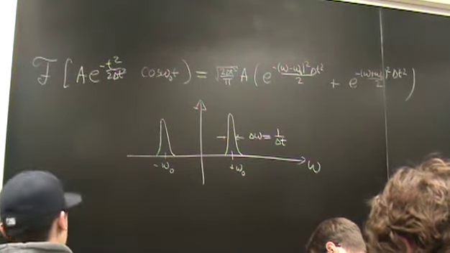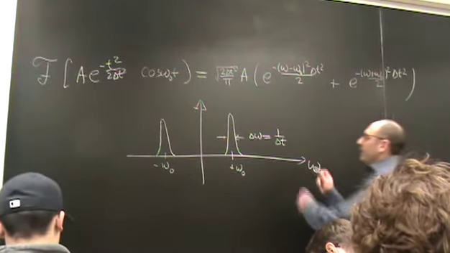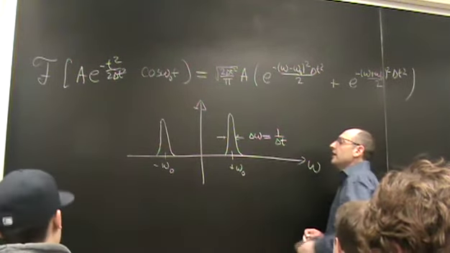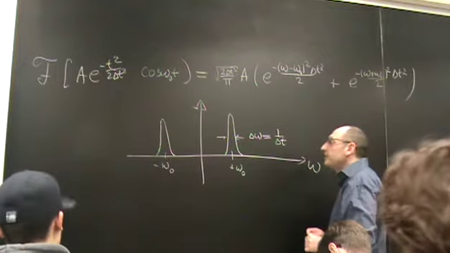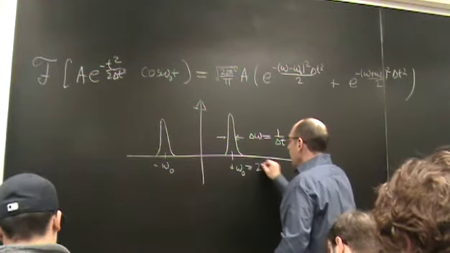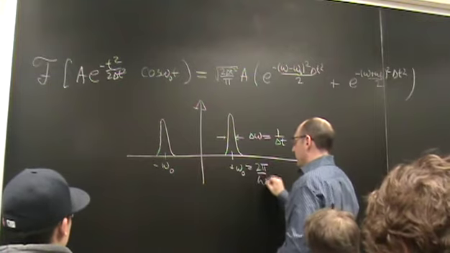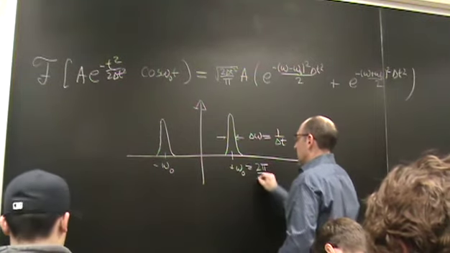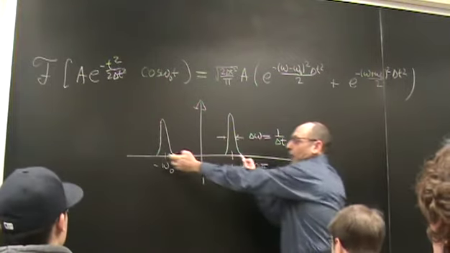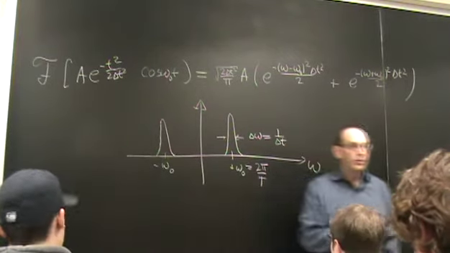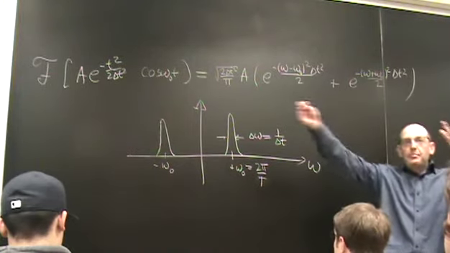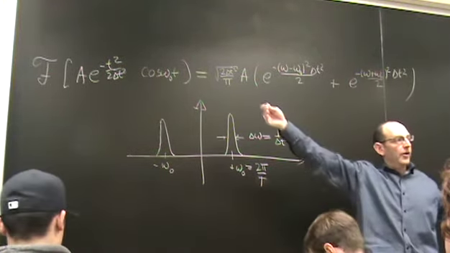So, if delta t is huge compared to t, which means that delta omega is tiny compared to the carrier frequency, then the width of these peaks is much narrower than the distance between them, if my pulse was very long in duration.